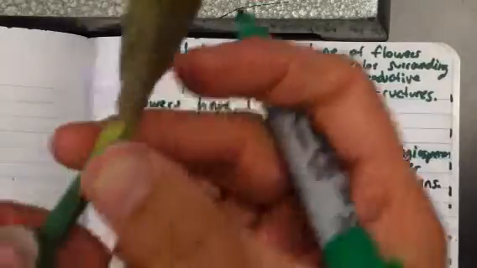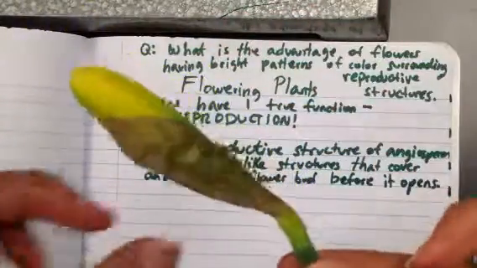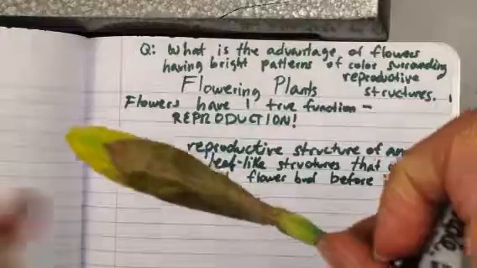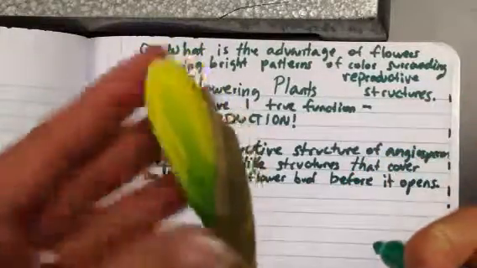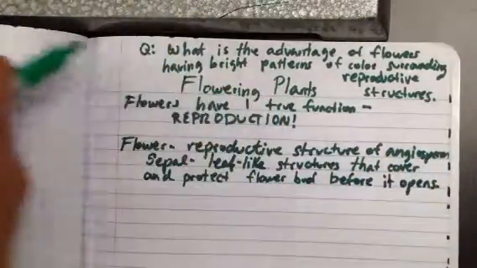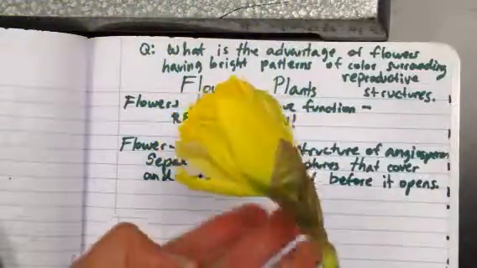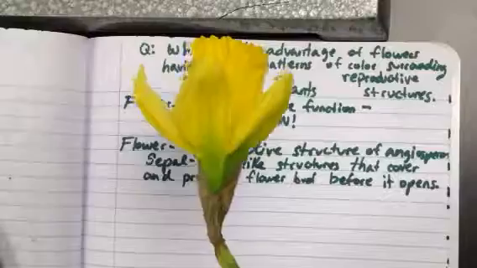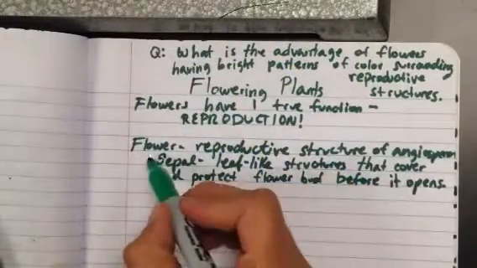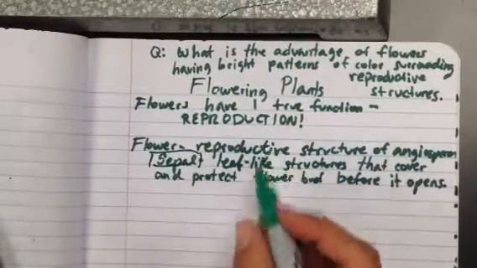So I have a daffodil here that hasn't opened yet, and you can see the sepal really clearly here. It's this kind of little leaf here, and right now the flower has not opened. Here's one that has opened, and you can see the sepals being pushed back. So those are our sepals.